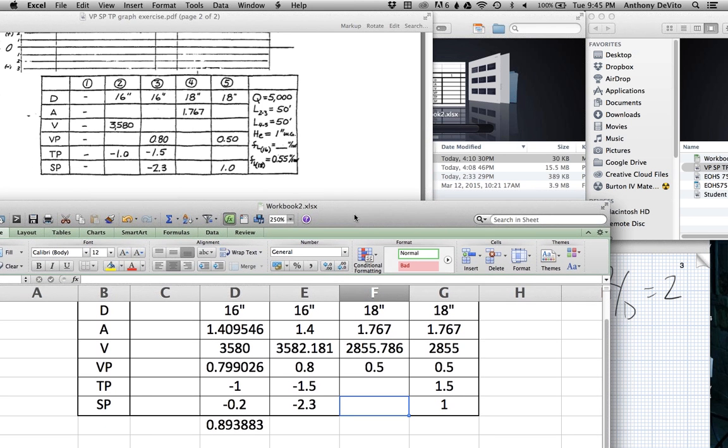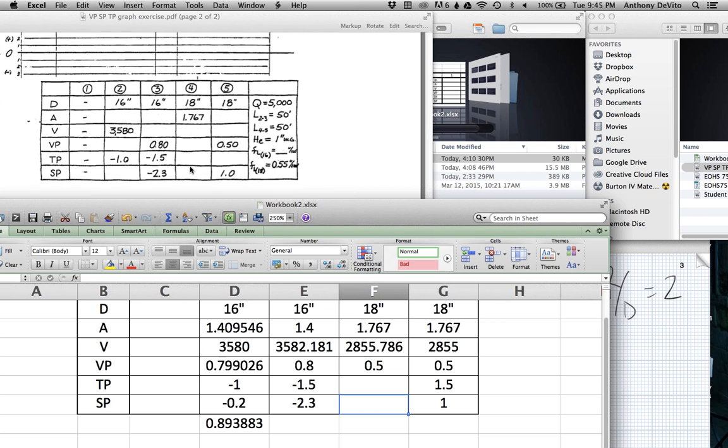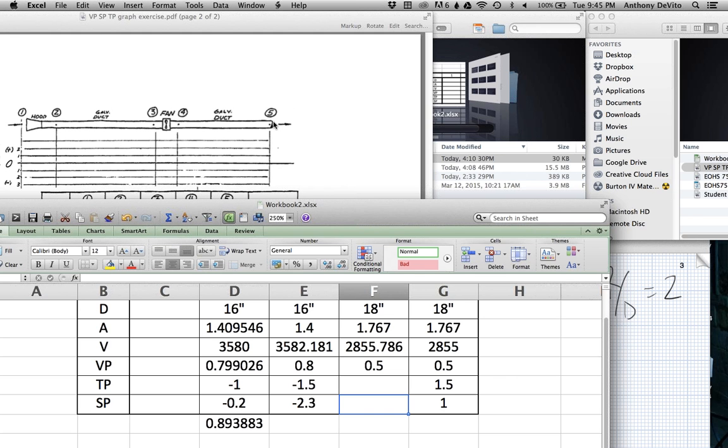Well, that gets a little bit more complicated now, right? So how are we going to figure out the total pressure and the static pressure here? Well, the static pressure here is 1 inch. The static pressure here is going to be higher than 1 inch or lower than 1 inch. Static pressure here is going to be higher, right? Because the velocity pressure is going to stay the same.